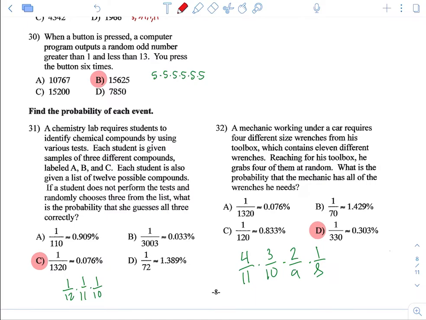So if you multiply all those together, you're going to get 24 over 11 times 10 times 9 times 8, which is 7,920. So 24 divided by 7,920 is going to give you around 0.00303, but remember you've got to move the decimal place 2 over to the right for 0.303%.